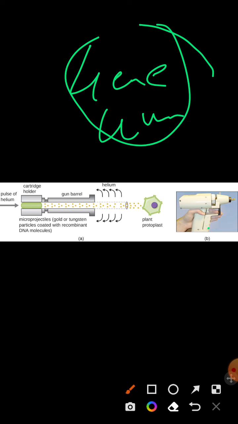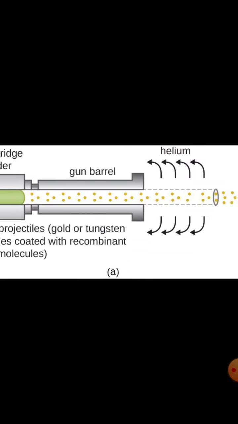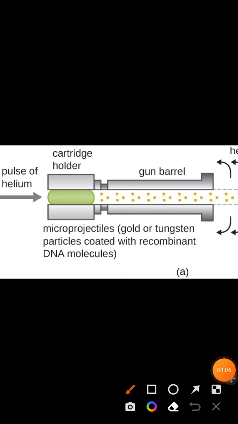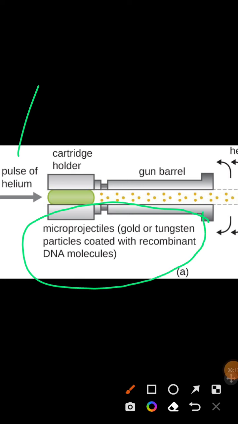Okay, so for performing gene gun we require such an apparatus. And this apparatus works on the same principle as a normal gun. Here the propelling force is a pulse of helium, and some microprojectiles are used, which are nothing but gold and tungsten coated recombinant DNA molecules.